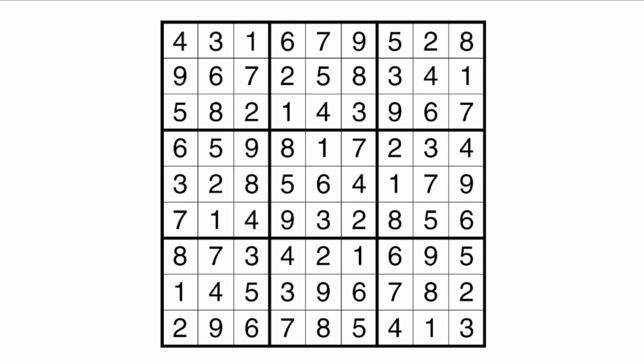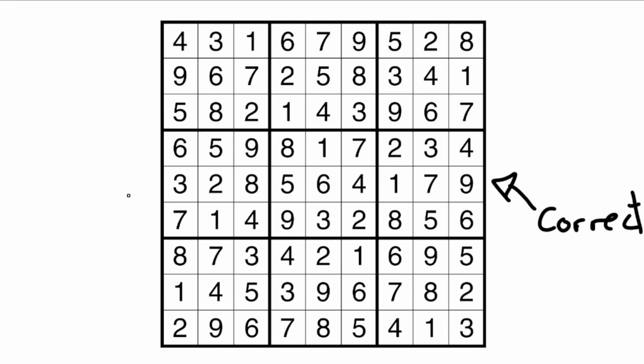Got it? All right, let me show an example of an NP problem. If I told you, this is the solution of this Sudoku puzzle, would you believe me at first? Is it really the solution? We'd have to verify to find out, and if we did, we'd know that it's the correct solution.